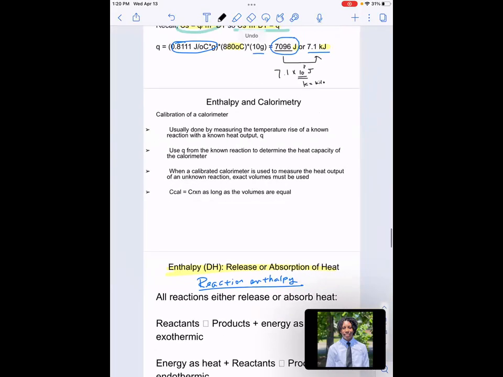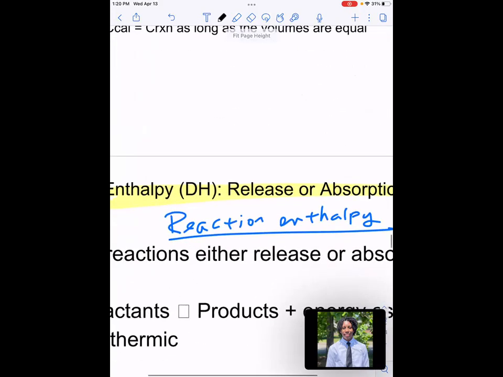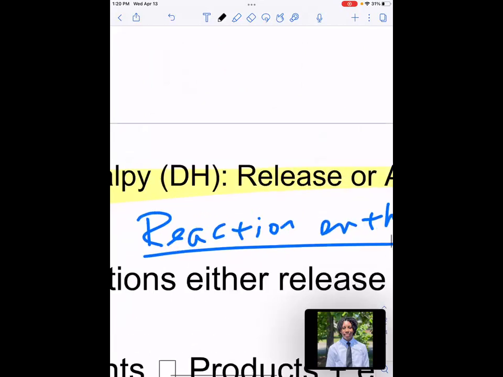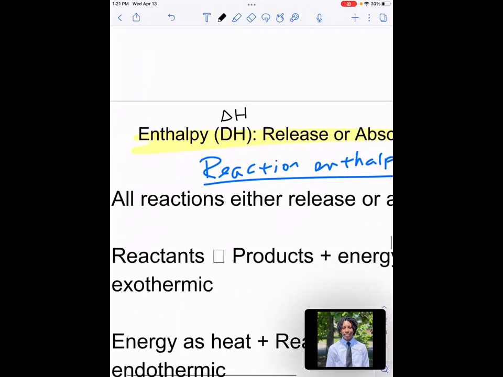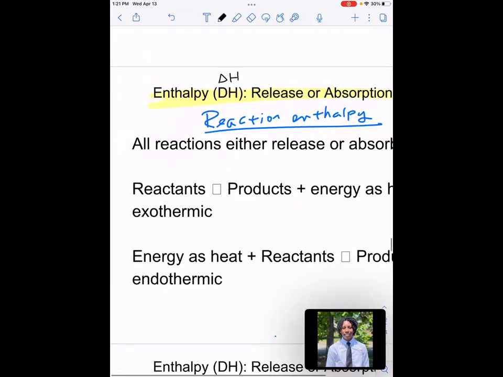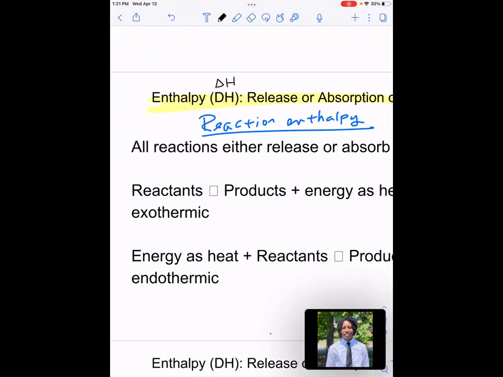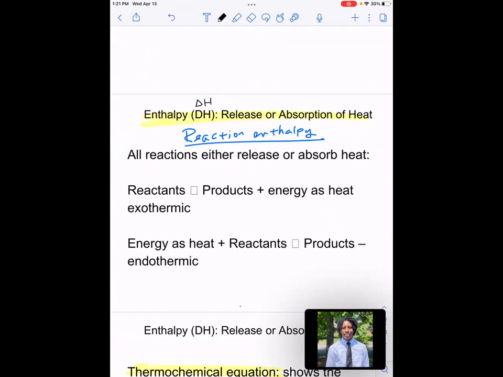All right, so now let's think about how we tie all this into calculating enthalpy. I think I kind of hipped y'all to this the other day, but wherever you see that D, it should be a Greek delta, so delta H. Any reaction that we do is going to either release heat or absorb heat. If it releases heat, it's exothermic.